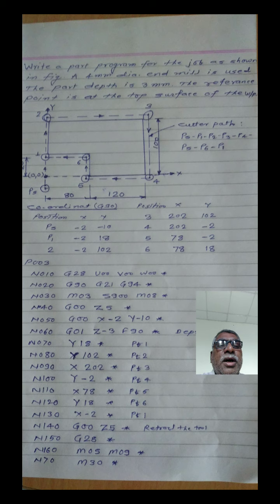Then from point 1 to the point 2. Then point 2 to point 3. Then point 3 to point 4 along the y-axis. There are two axes, x-axis and y-axis. 4 to 5 along the x-axis. 5 to 6 again along the y-axis, and 6 to 1 along the x-axis.